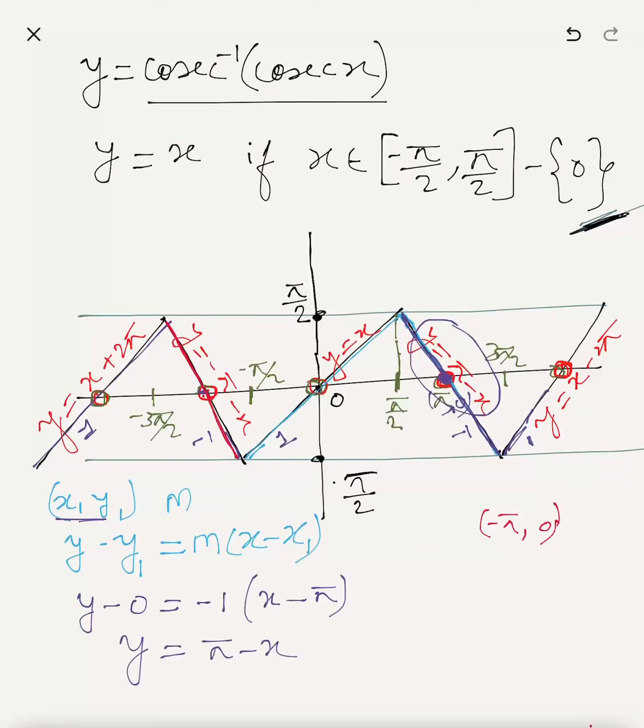So how do you write the equation? y minus y1 equals to, slope is decreasing, again minus 1, x minus pi, minus minus plus. You already have minus here, so y equals to minus pi minus x. I hope you got it. You can write the equation of the branches by using the straight line point slope form.